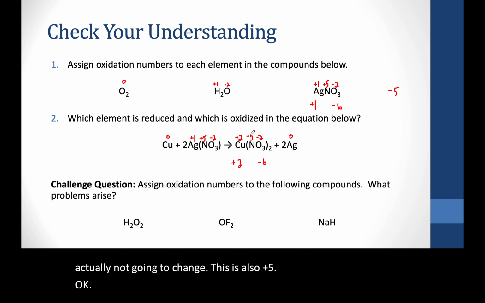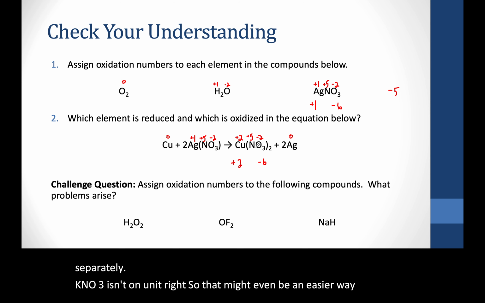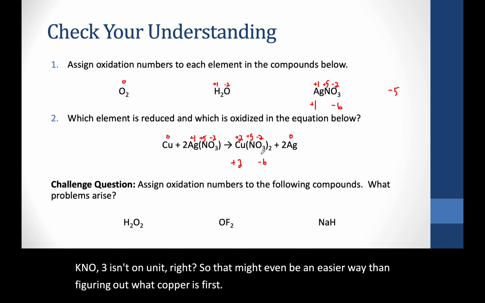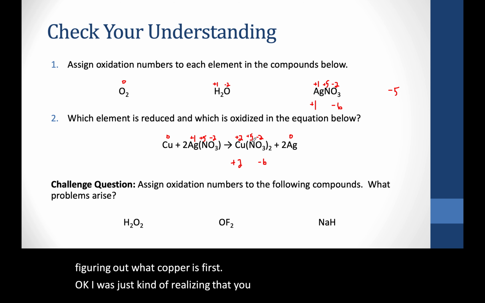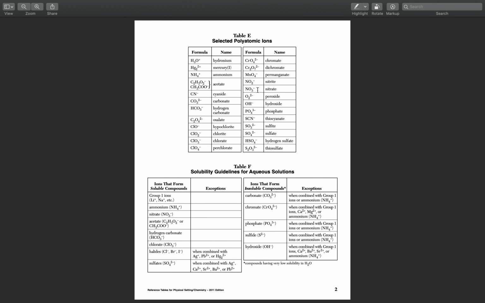So that's a trick you can do for polyatomic ions. You can do them separately. NO3 is its own unit, so that might even be an easier way than figuring out what copper is first. I was just kind of realizing that as I was going there. So when you see a polyatomic ion, go to your table, figure out what the charge is, and in nitrate, the nitrogen is always going to be +5 because the three oxygens are -6, and -6 plus 5 brings you to the charge of -1.